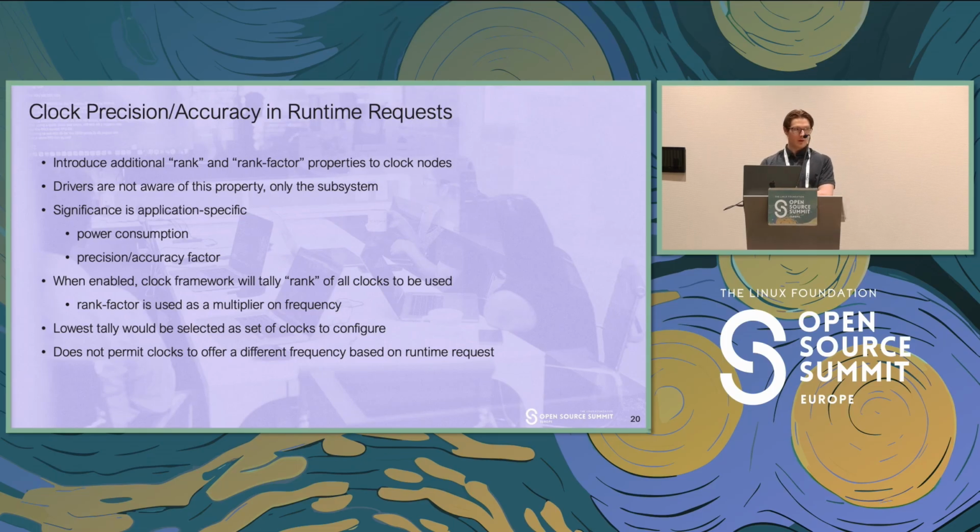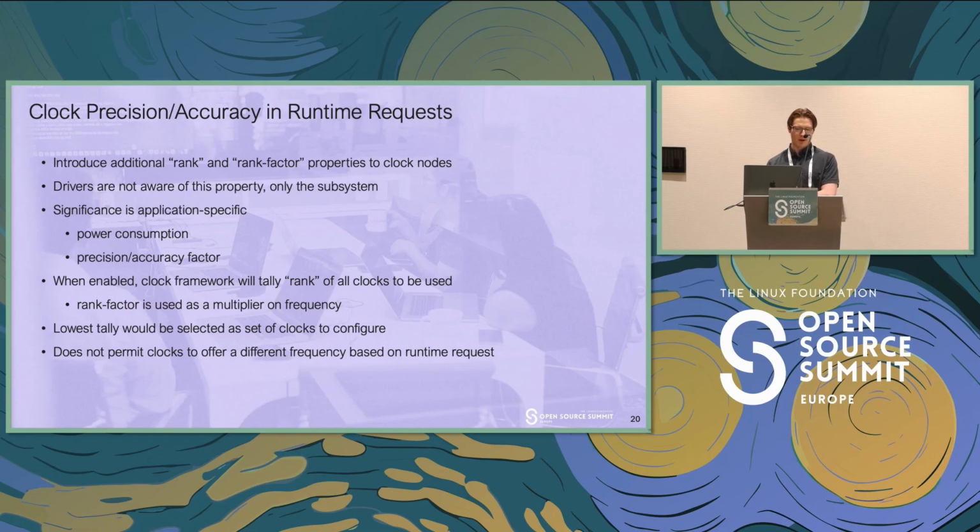The subsystem would, and it would evaluate clocks in the clock tree to find the one with the closest frequency, then define what frequencies it can offer, and multiply the frequency offering by rank factor. That's for something like power consumption, for example, that might scale with frequency, and then rank is a fixed addition to that. You calculate a tally based on those two values, and the lowest tally is the one selected as the set of clocks to configure. So the idea with that is essentially if you, as a user, use this property, you could set a clock.